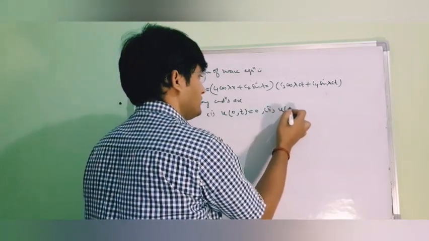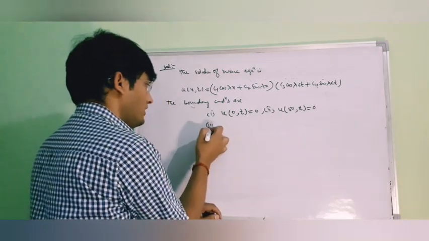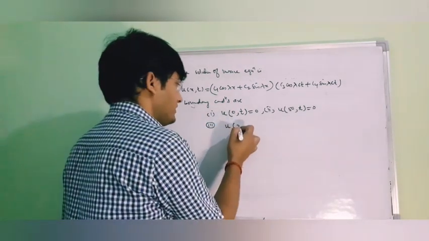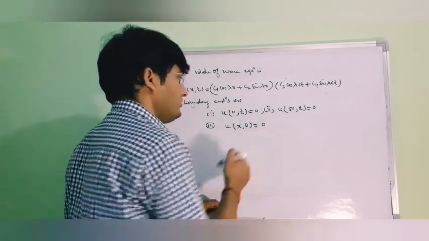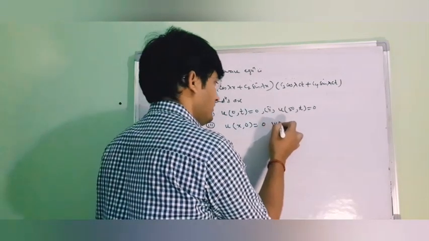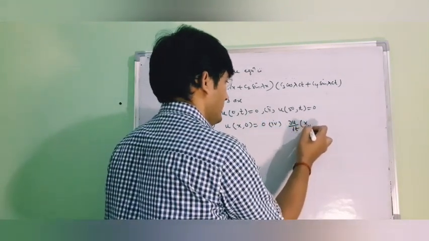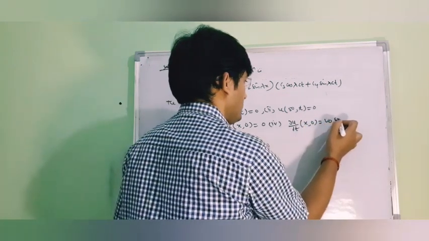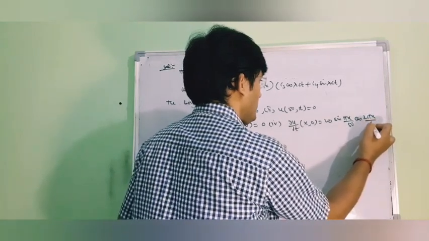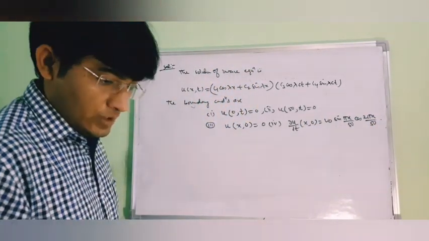Then when x is 50, again your displacement is 0. Now in the third case, the initial displacement of the string is 0, which is different from the last question. Here we have the initial velocity v naught sin pi x upon 50 into cos 2 pi x upon 50. So this is your initial velocity of the particle.